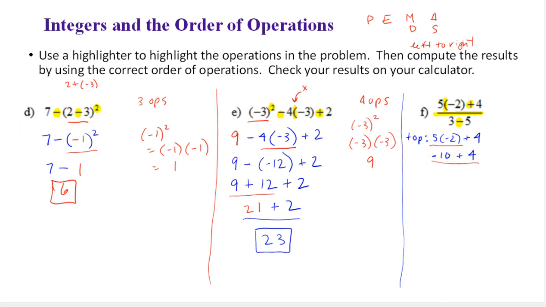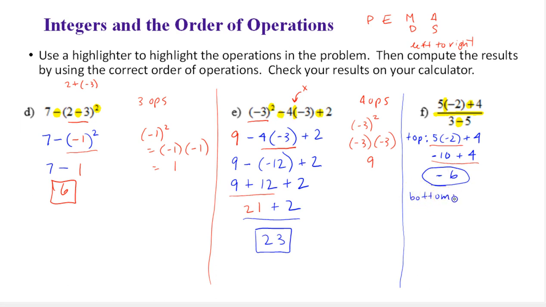We're adding a positive and a negative, so we take the difference of their absolute values. So 10 minus 4 is 6. The sign of the number with the larger absolute value is going to be 10, and its sign is negative. So the top is negative 6. And I'm going to circle that instead of boxing it. This is our first part of our result.